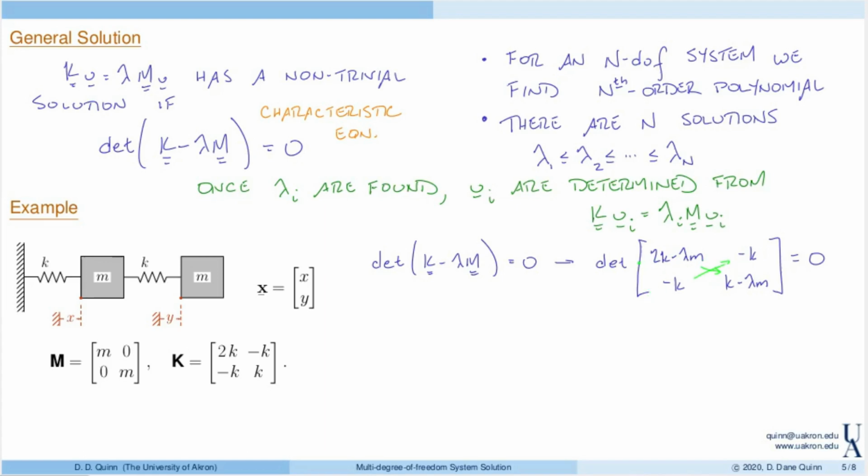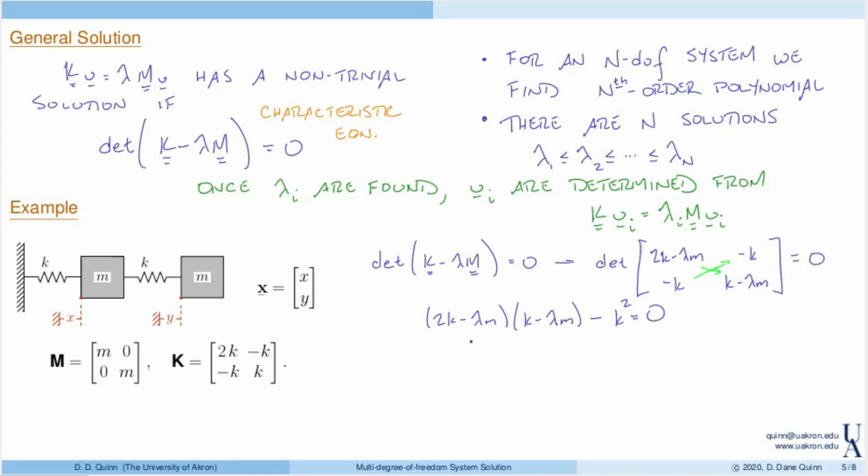And this is for a 2-degree of freedom system only. For 3, 4, or larger degree of freedom systems, the determinant's a little more complicated. But here, essentially, this reduces to 2k minus lambda m, right here, times k minus lambda m, minus these two multiplied together, so that's minus k squared equals 0.